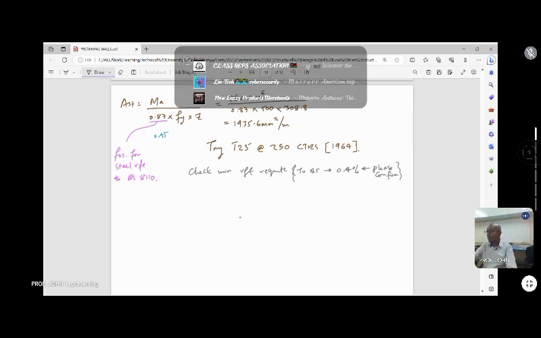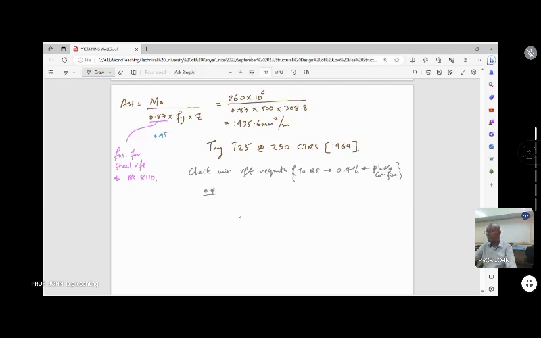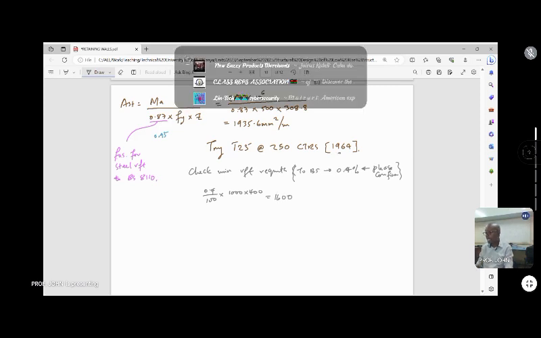If we work with 0.4 over 100 times 1,000 times 400, we get 1,600. So whatever we provided answers the requirement for minimum reinforcement. Okay, so we leave it at that.